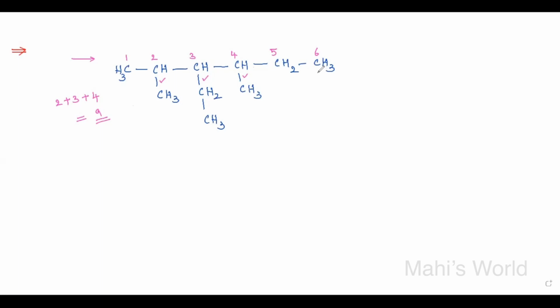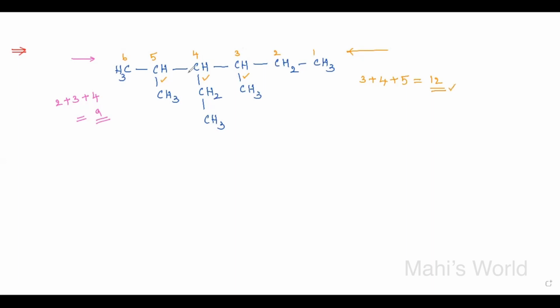Now, if numbers are given from the other end, 1, 2, 3, 4, 5, 6, you got something at third, fourth, and fifth. 3 plus 4 plus 5, nothing but 12.